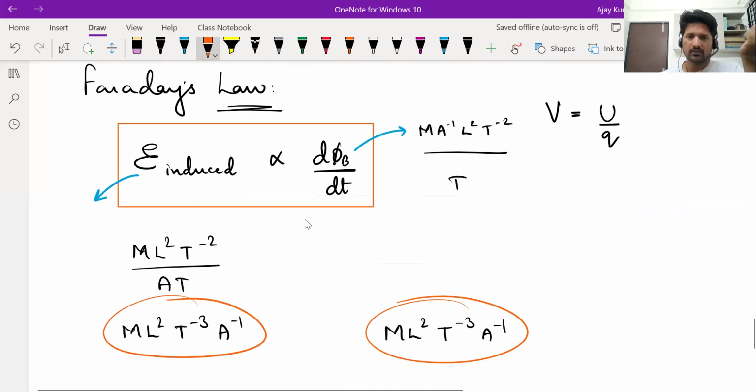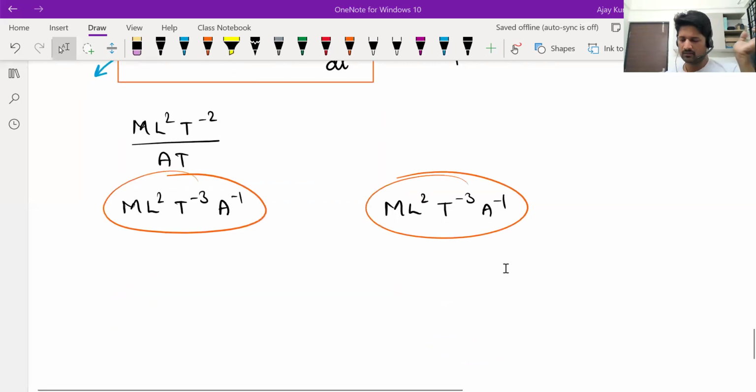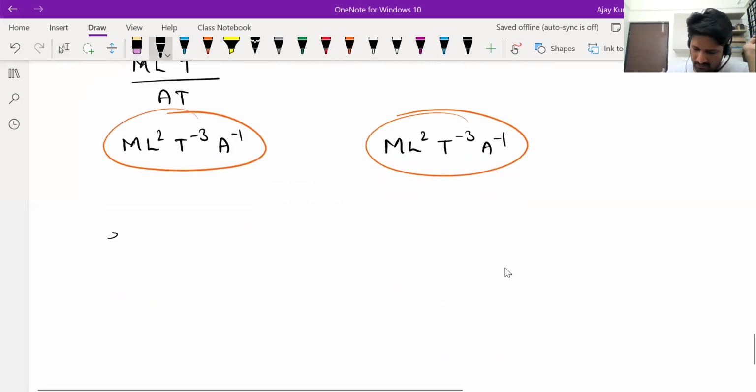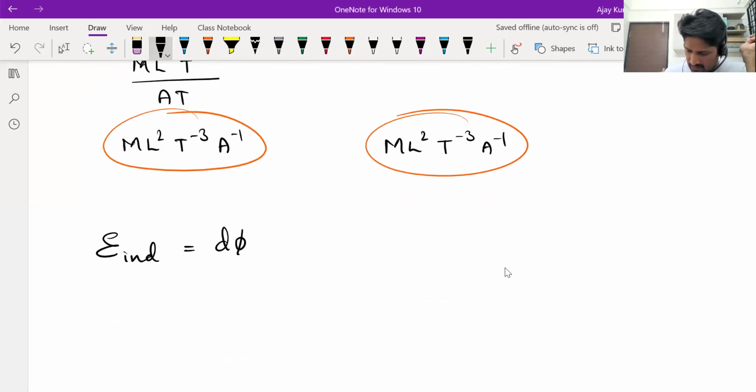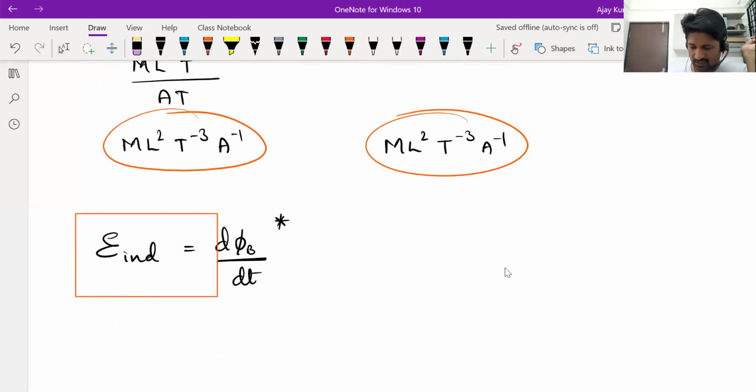So in order to remove that proportionality, all Faraday had to do was find the proportionality constant, and he found that it is equal to 1. So induced EMF we can say is d phi B by dt, rate of change of magnetic flux through the coil. I'll put a star here, because many times you see the formula being written as E is equal to minus d phi by dt.